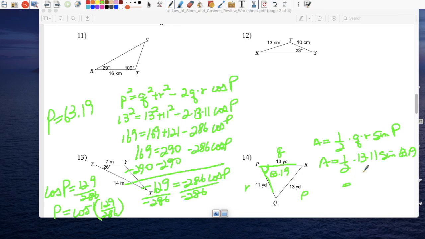And the area is 63.8. Why is this off? Why am I off here? 2 times 13 times 11, 286.